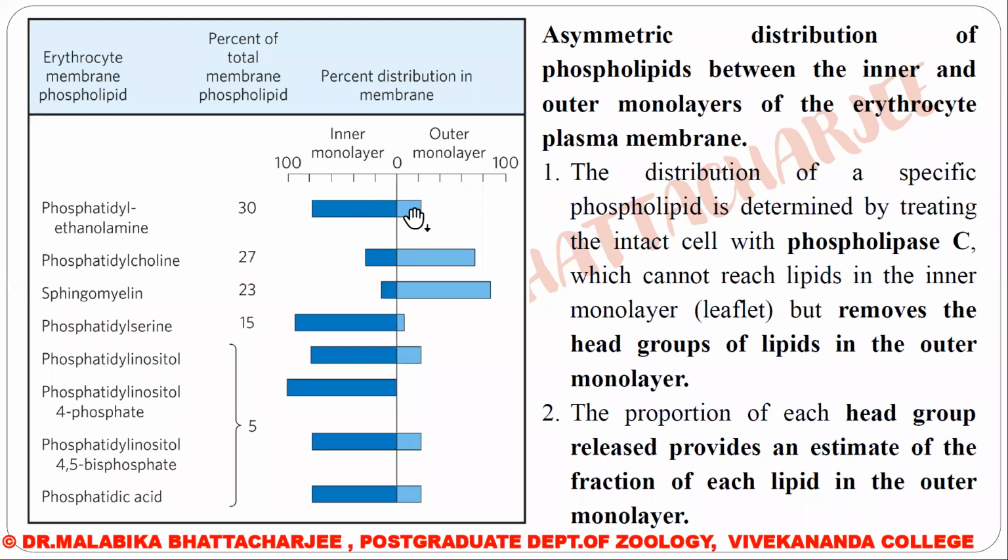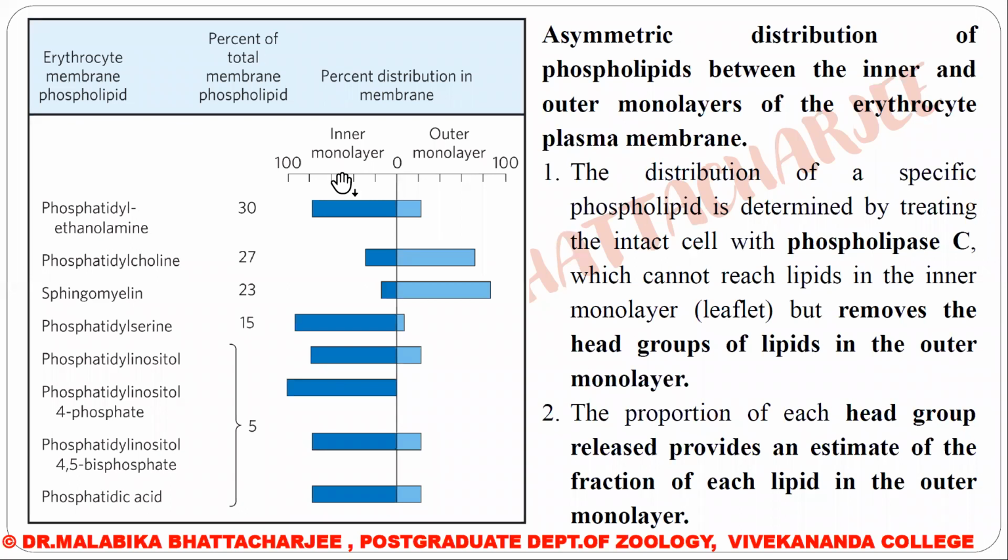And if you look into the distribution, what is the amount of phospholipid presence on both sides, you can see phosphatidylserine is totally restricted to the inner leaflet, and phosphatidylcholine and sphingomyelin are more present on the outer leaflet of the lipid bilayer. So when we talk about phospholipids also, they are not symmetrically distributed.